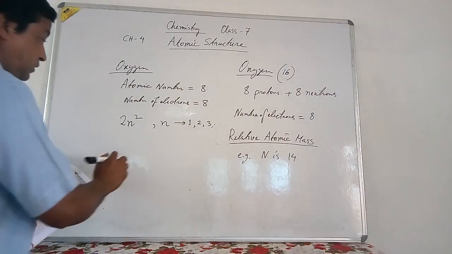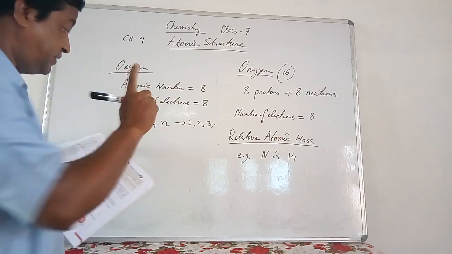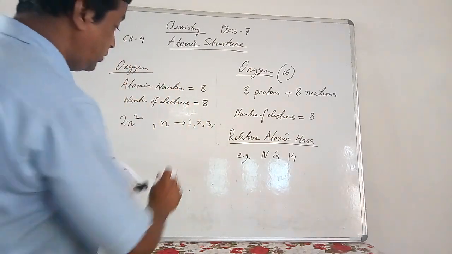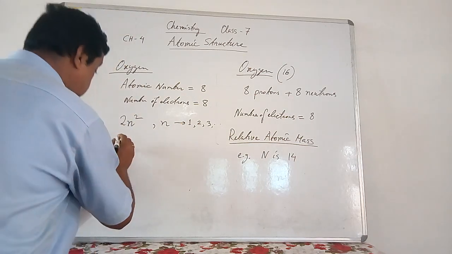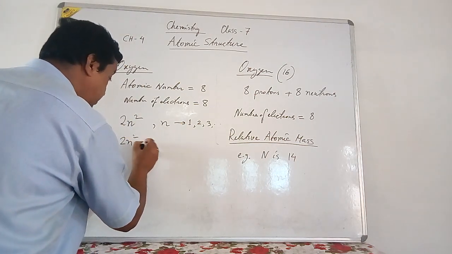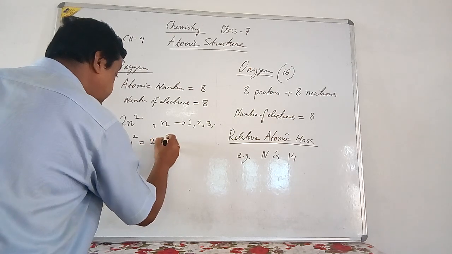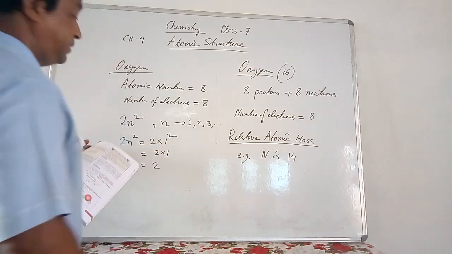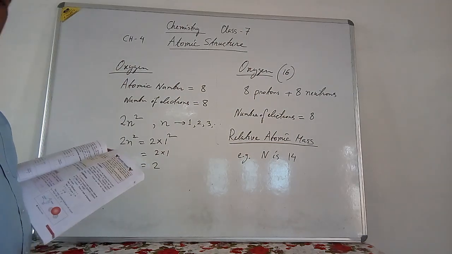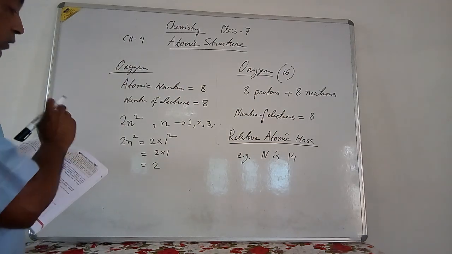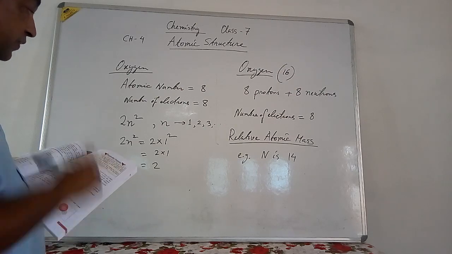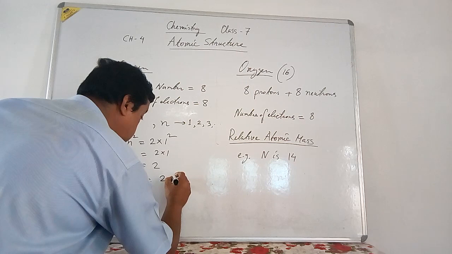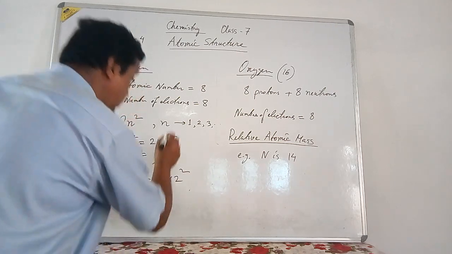Now how many electrons will be in the first shell? First shell, second shell, third shell. So what will be the number of electrons in the first shell? That means 2n square. If you replace the value of n, that is 1, that is 1 square, 2 into 1, that is equal to 2. That means there will be 2 electrons in the first shell. Now in the second case, 2n square, that is 2 into 2 square, where n equal to 2.